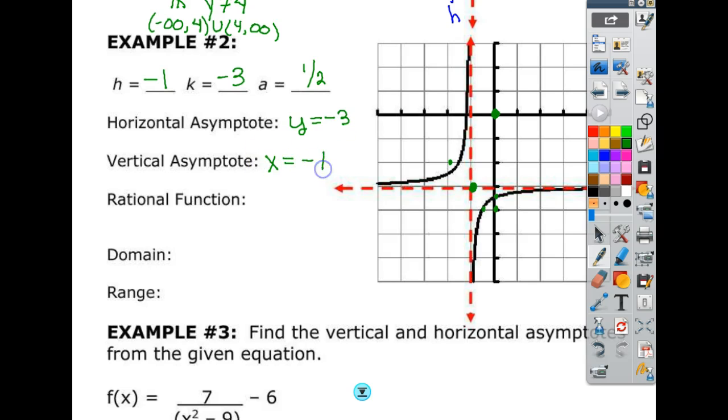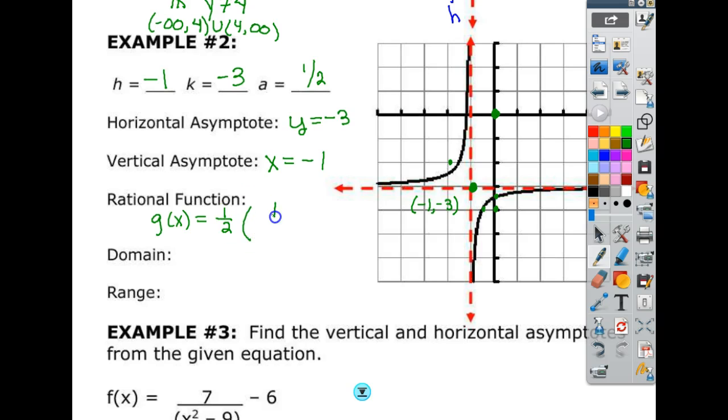X equals -1. See, look, these are the same numbers. Okay? The name of this point right here is -1, -3. You just keep using the same numbers over and over and over. So, my function is the A comes first. What is our A?